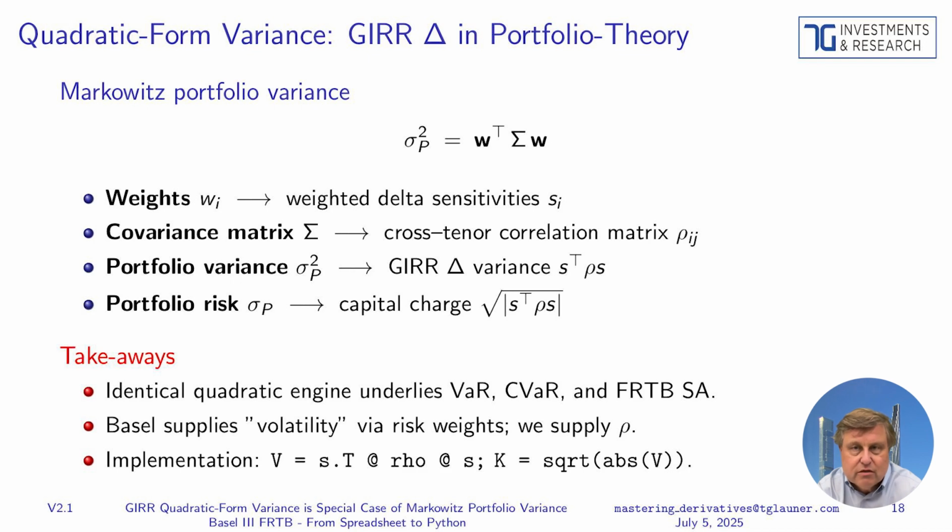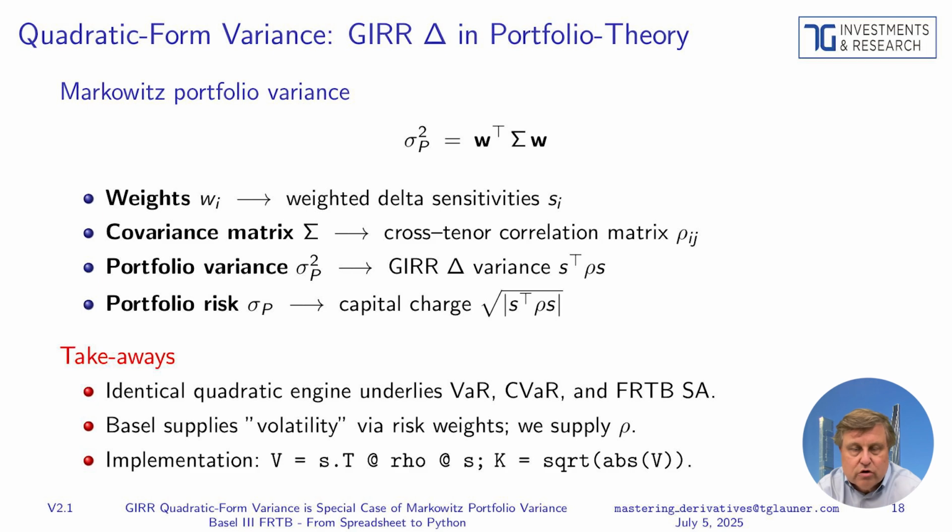In our setting, the weights Wi are the weighted delta sensitivities, which I labeled as S. The covariance matrix, capital sigma, becomes the cross-tenor correlation matrix, rho ij. The resulting portfolio variance, sigma p squared, maps directly to the GIRR delta variance, written as S transpose rho S.